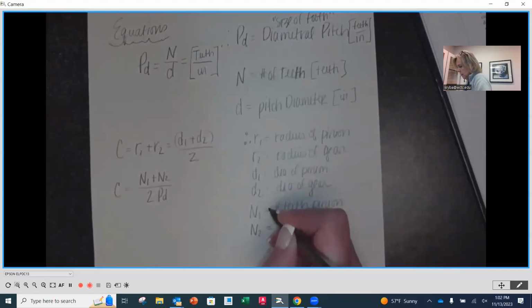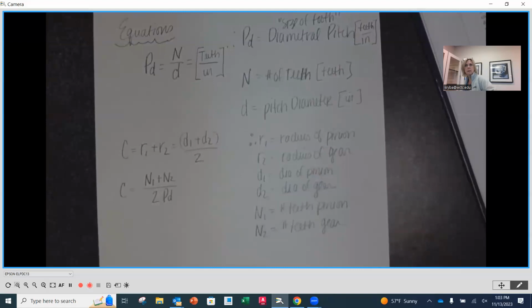So 2's are gears, 1's are pinions. Pinions again are going to be the smaller, fewer teeth, higher speed between the 2 gears that are in mesh. The gear is going to be the larger, more teeth, slower rotational speed of the 2 gears in mesh.